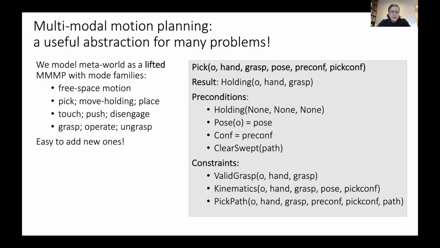So we wrote down some mode descriptions. We described mode families for moving through free space, for picking up an object and moving while holding it, and then putting the object down, for pushing objects, for operating things like a valve. But we really only had to write about 11 very generic operator descriptions in order to describe the whole domain.